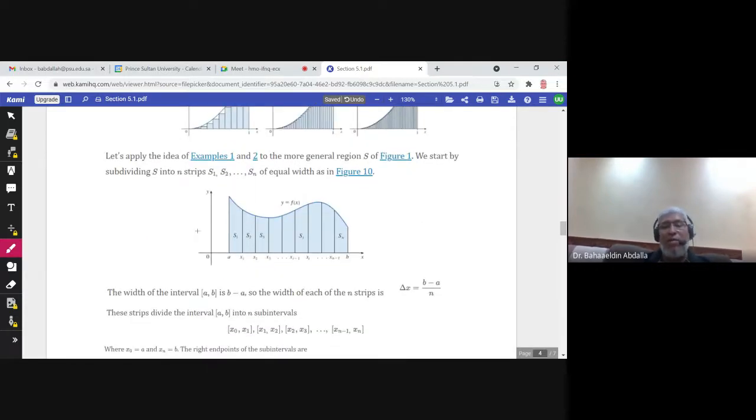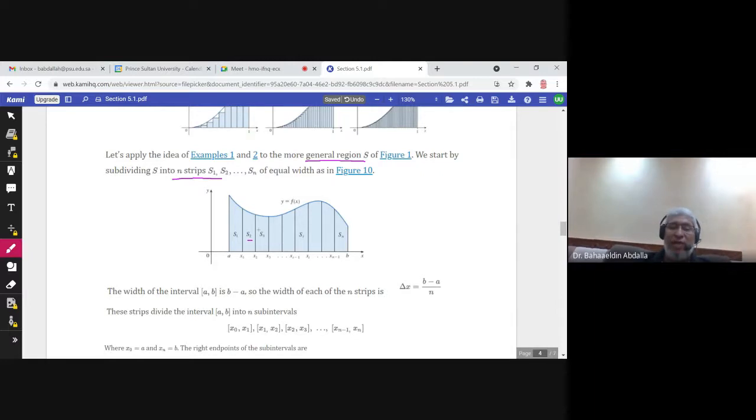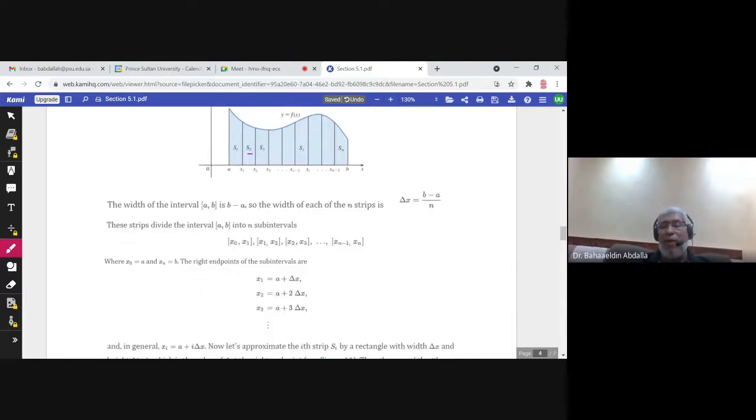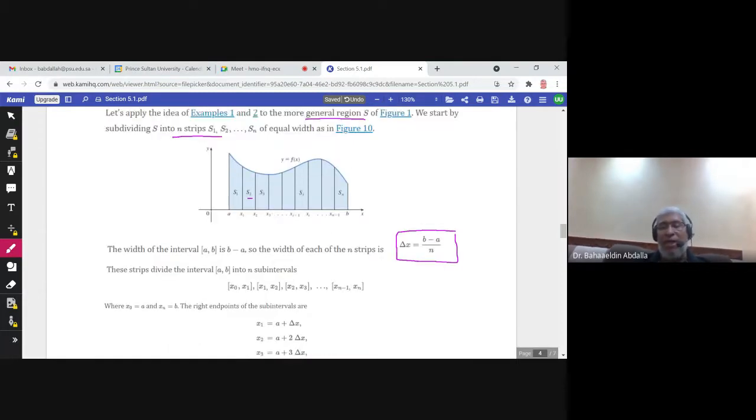Well, let us generalize this region. Let us talk about any region S that comes from any function, and let us divide this region into n strips from S1 to Sn. Now, as we have seen, the width of each strip would be delta x, which is b minus a over the number of strips, which is n.